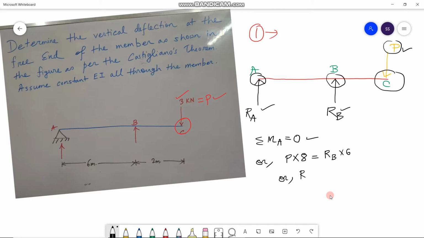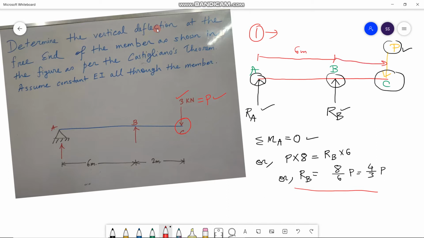So we have RB equals 8 by 6 P, equals 4 by 3 P. We did this calculation based on the data given that the distance between A and B is 6 meters and the distance between B and C is 2 meters.